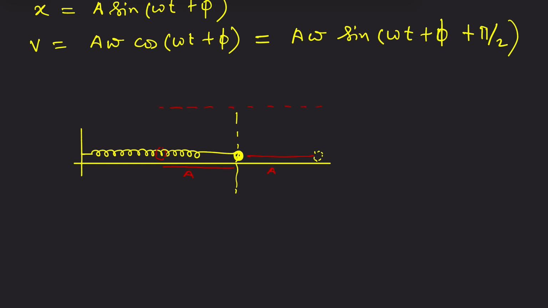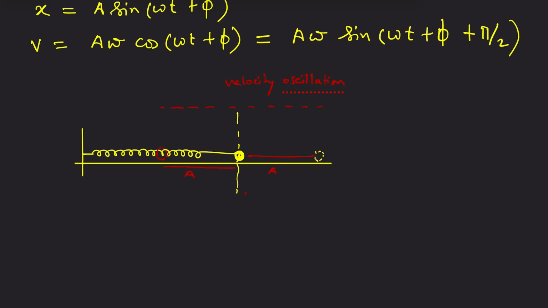So if I draw this, this is a velocity oscillation. At t equal to 0, the particle is here, and at that moment the velocity is at its maximum. If I assume an imaginary particle, the velocity will be here at its maximum.